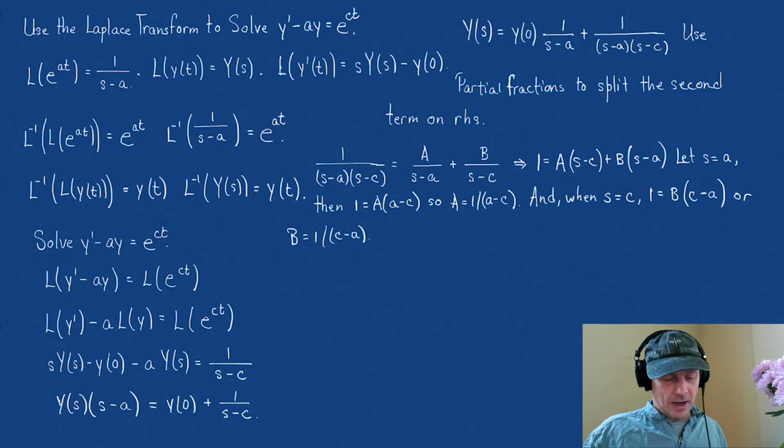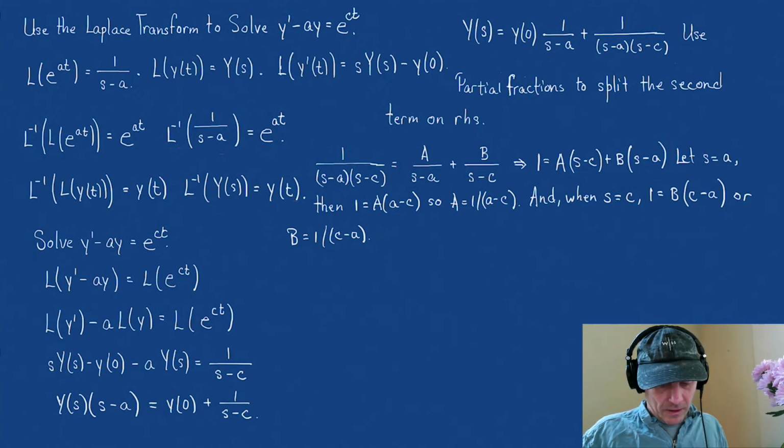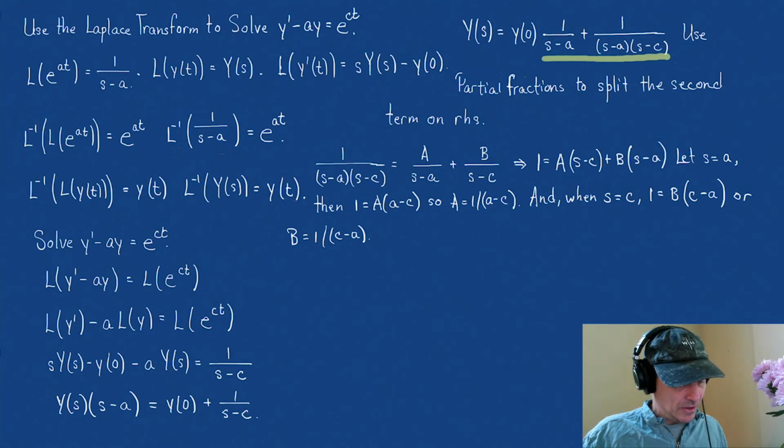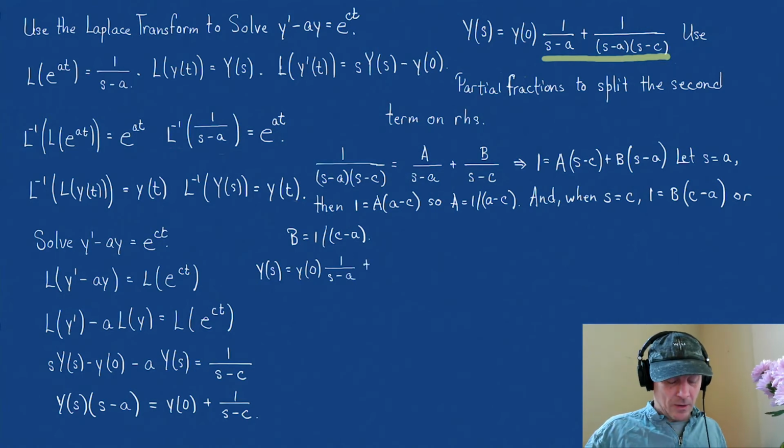Okay, now I can use my partial fraction to rewrite the original equation. If we look at this, this is our original equation, and now it's this second term that we can expand using the partial fractions decomposition. So now I can write capital Y of s is equal to y of 0 times 1 over s minus a plus, and then the first one becomes the A over s minus a.